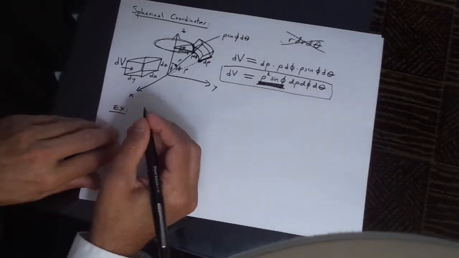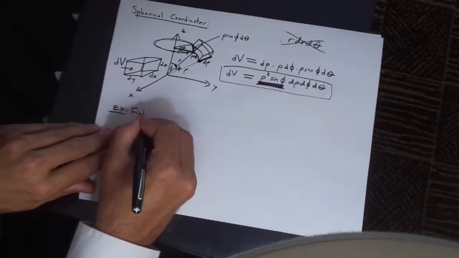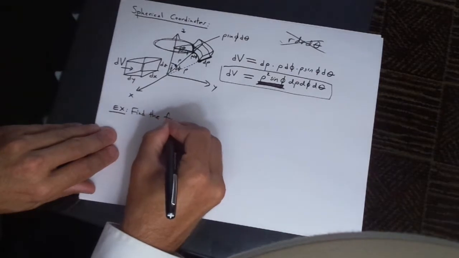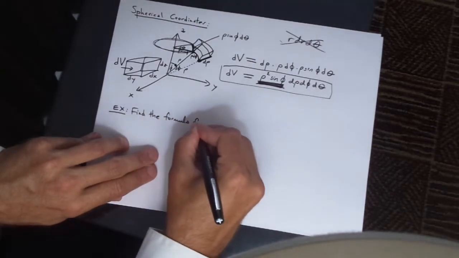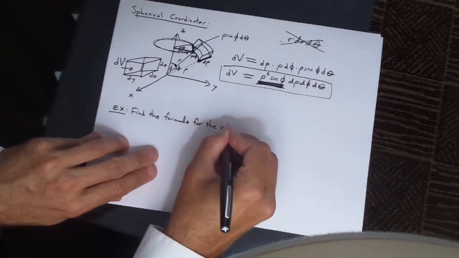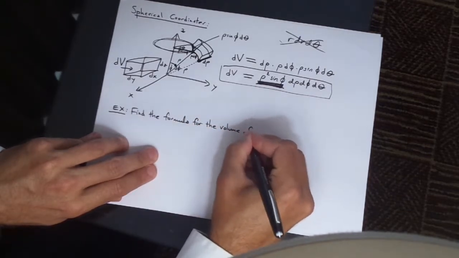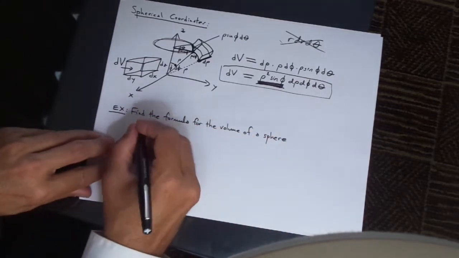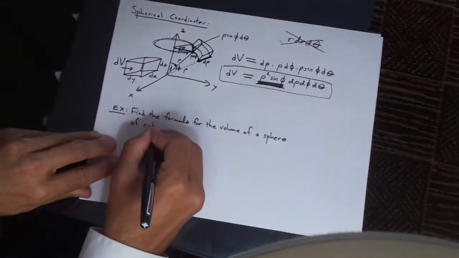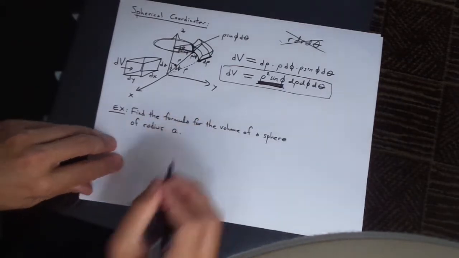For the first example, let's find the formula. Maybe you already know this formula. It's the formula for the volume of a sphere. Find the formula for the volume of a sphere of radius a.